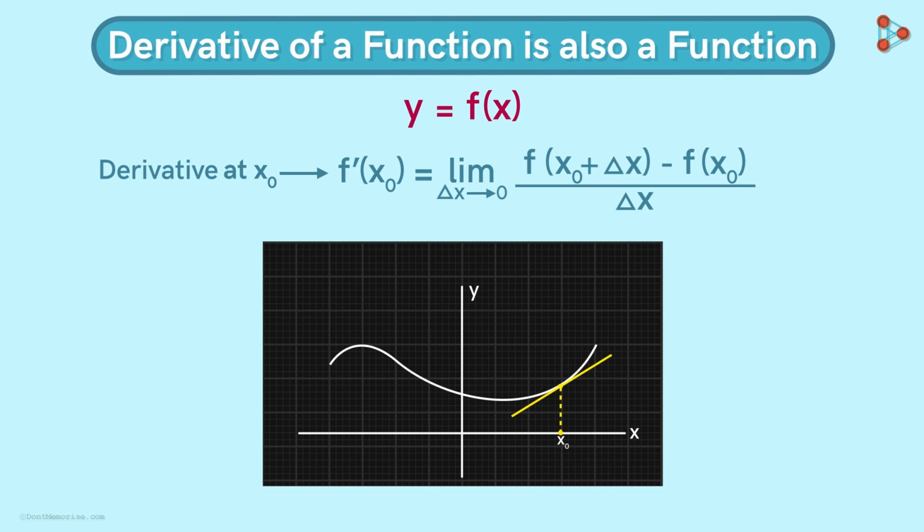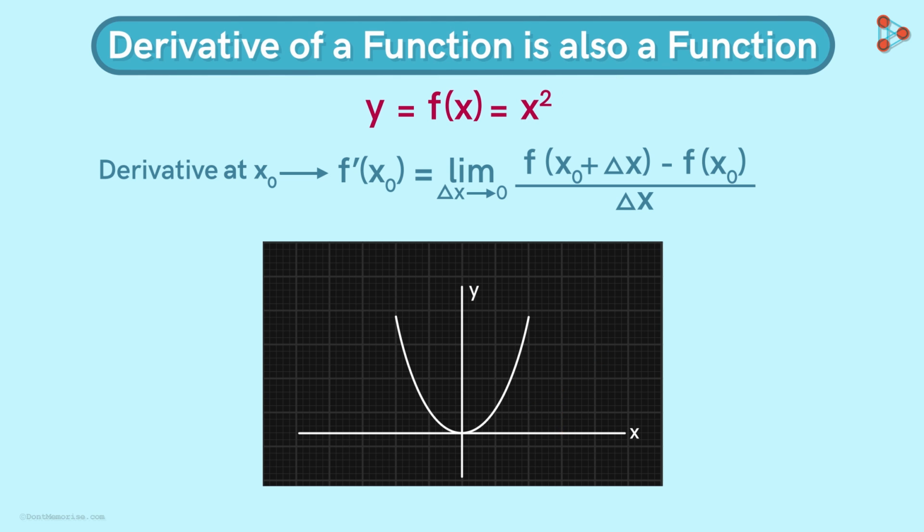For example, consider the function y is equal to x squared. Previously, we'd found that at a particular value of x, let's say x1, the derivative of this function is equal to 2 times x1. But now notice that x1 is an arbitrary value of the variable x. That is, it can be any value of x. So let's replace it by x here.